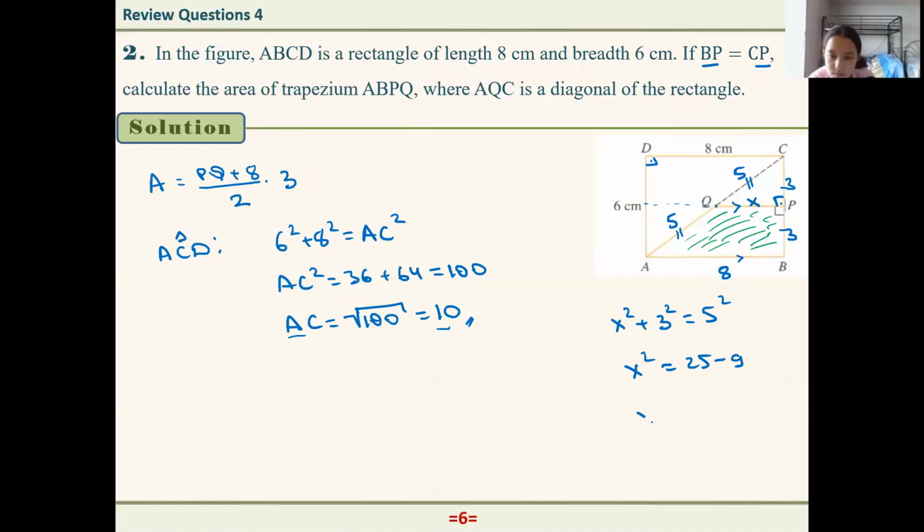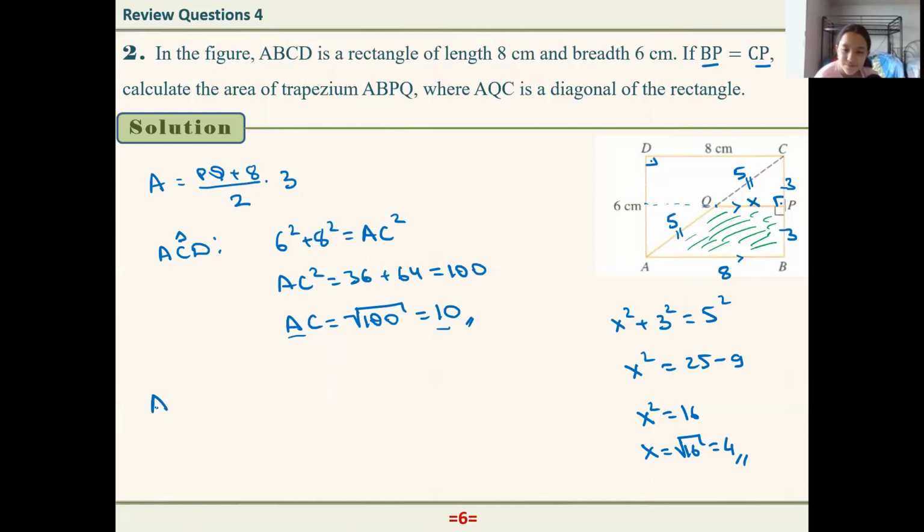X squared equals, what is 25 minus 9? 16. Now what is x? It's 8. No, 4. Come on. That is square root of 16. That's equal to? Oh, 4.